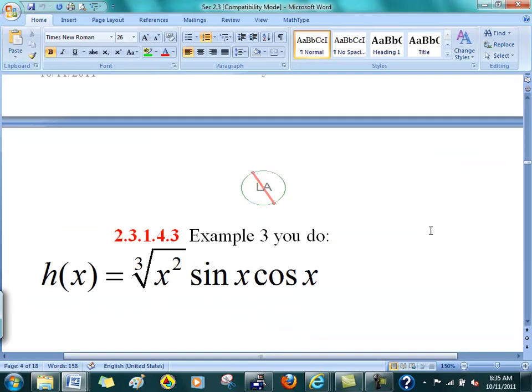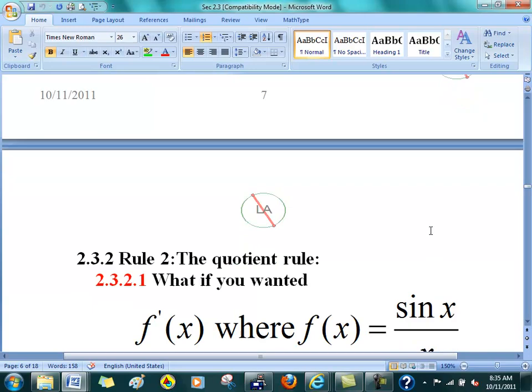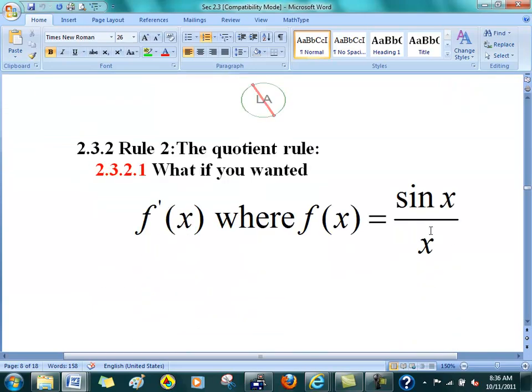You know what, let me go into the quotient rule and then I'll have you do some more of this. So, if you have a product rule, then you need a quotient rule, right? Multiplication and division, they all kind of go together. So, here's an example where now I need a quotient rule. Okay, and so here's the rule.